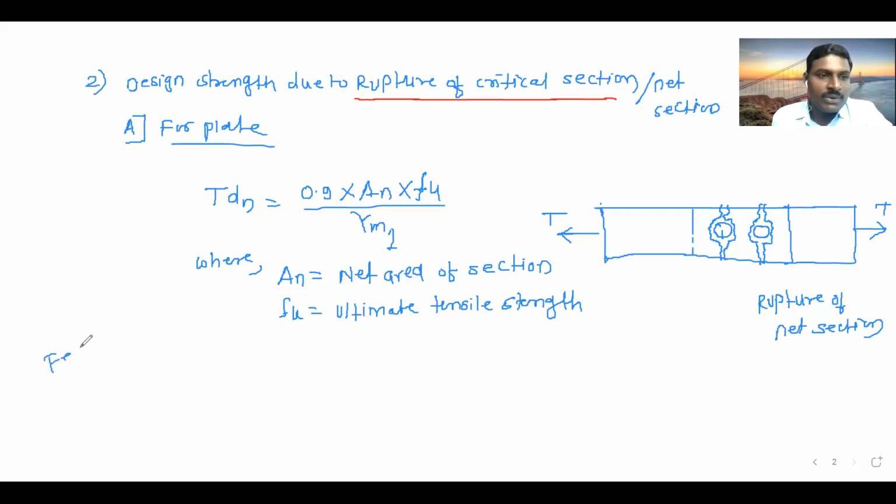So if FU 410 steel is there, then the FU value is 410 Newton per mm square. And for this, the FY value is 250 Newton per mm square. That is given in the IS code. You can find this table, and by the end of this subject, you will be an expert, and these values will stay in your mind for a lifetime. For Fe 410, FU is 410, like this. Okay.